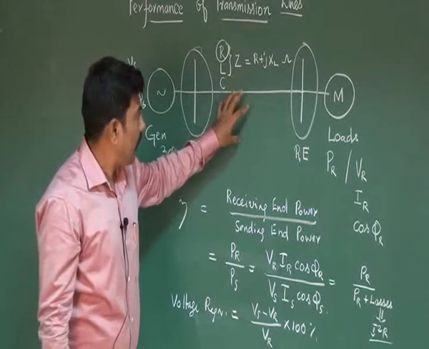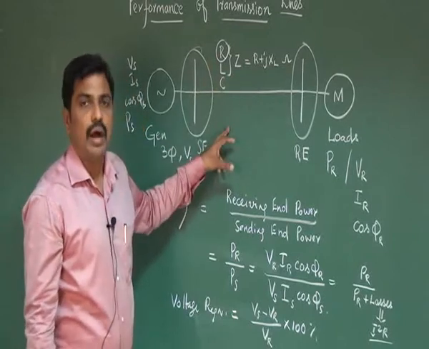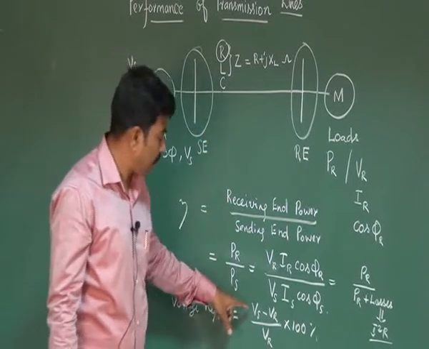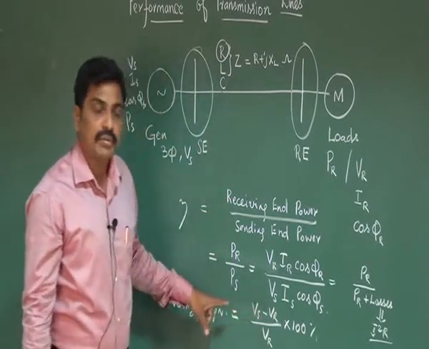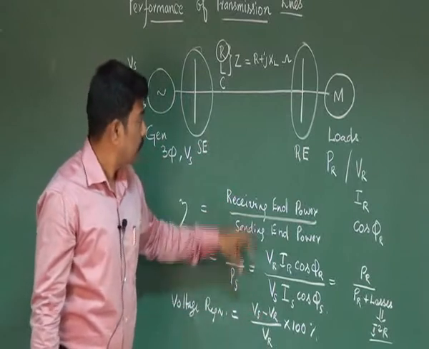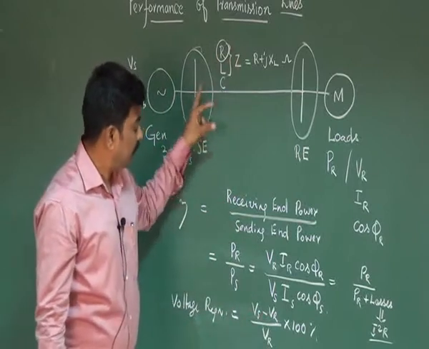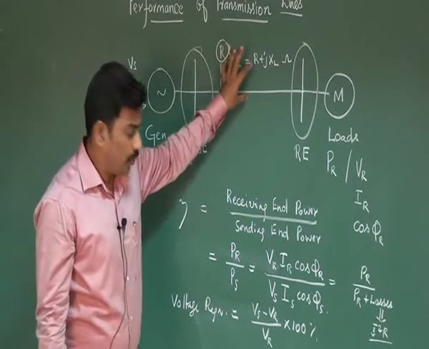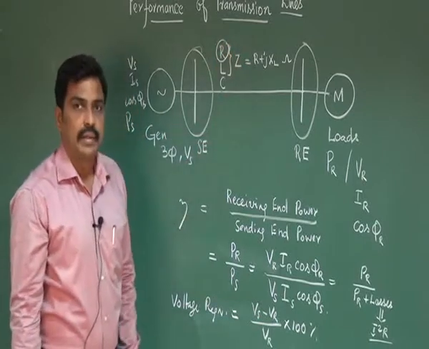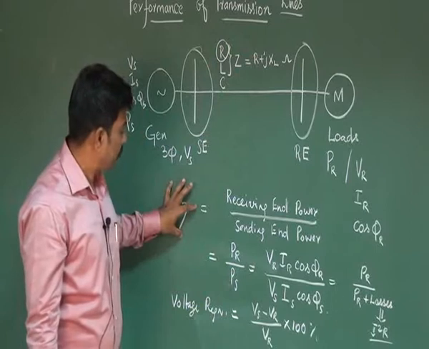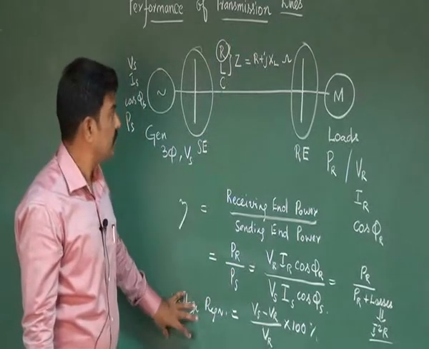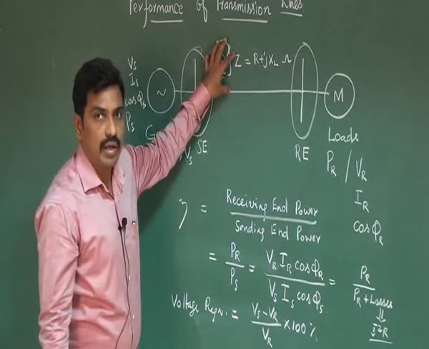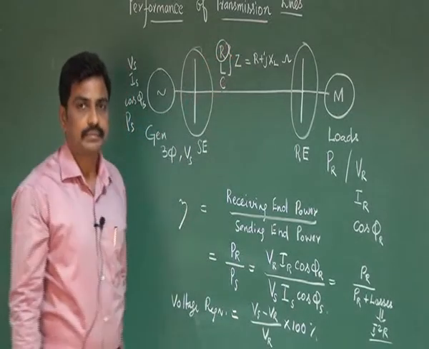The voltage drop is caused by all three parameters R, L and C. So these three parameters define the values of voltage drops in the transmission lines. If you want to get better regulation, we need to minimize the voltage drop in the transmission line. That's why these two performance considerations mainly depend on the major constants R, L and C.